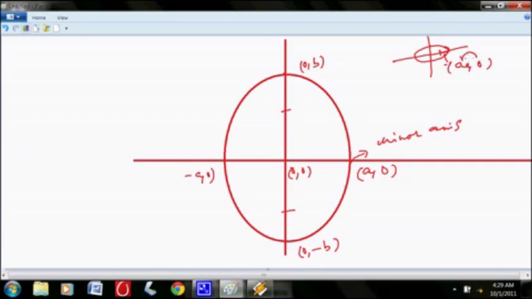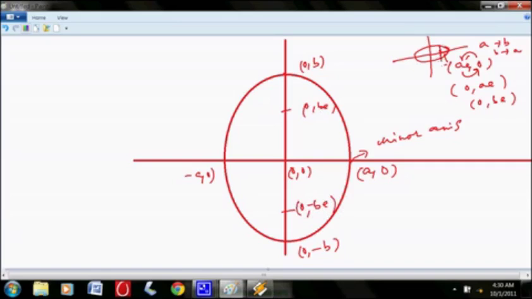What you do is just interchange this. So it should be (0, AE). Now make every A B, every B A. So this is (0, B), this is (0, minus B).